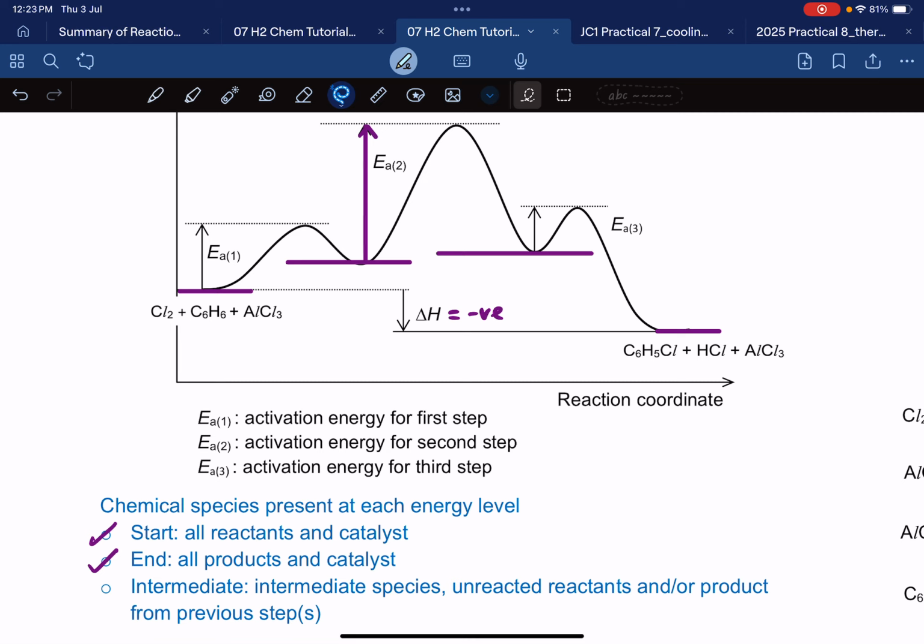For the 2 intermediate levels, you will need to show what species are present at each level. They basically contain the intermediate species, unreacted reactants, and/or the products from the previous step. To write the chemical species, you need to refer to the mechanism again.